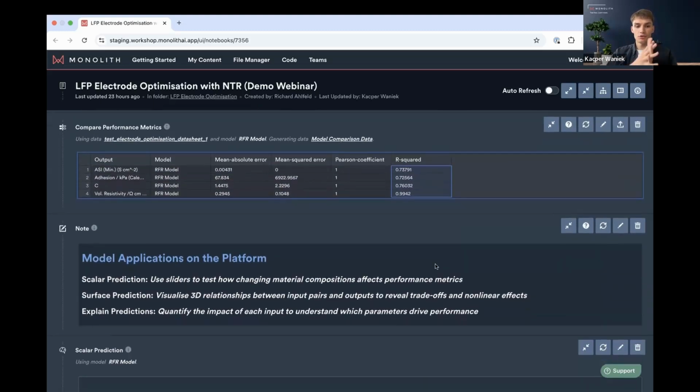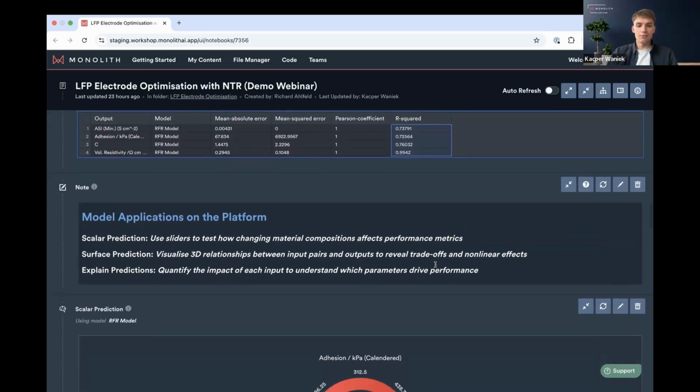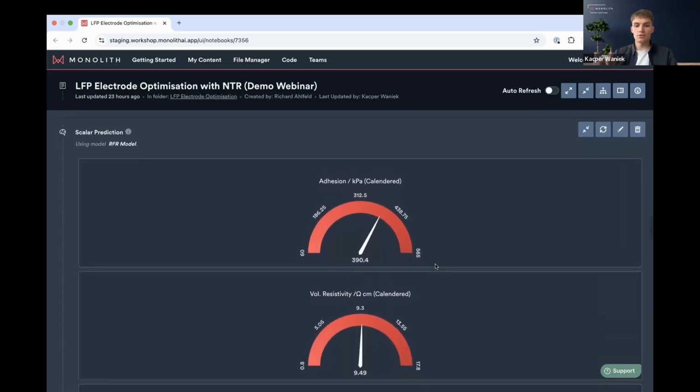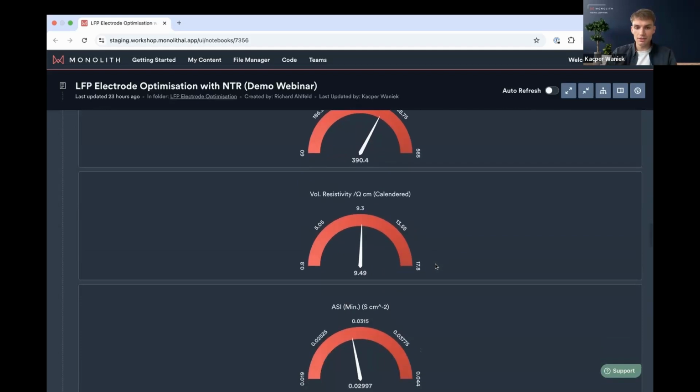And now that we have trained the model, we can begin applying it across different features in the Monolith platform to explore, to predict, and to understand system behavior in more detail. Firstly, we have the scalar prediction, and this allows us to interactively test how changes in our individual inputs affect performance metrics.